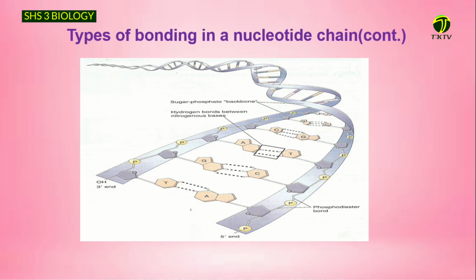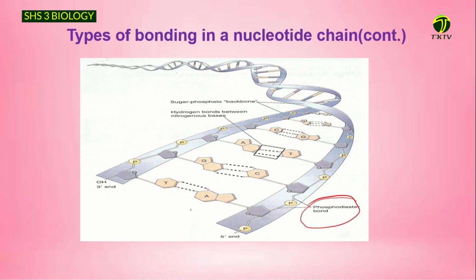So now, by looking at the picture, we can see where the phosphodiester bond is. From the picture that we have here, you can see the phosphodiester bond over there. So from my picture, I can say this is a vertical bond.